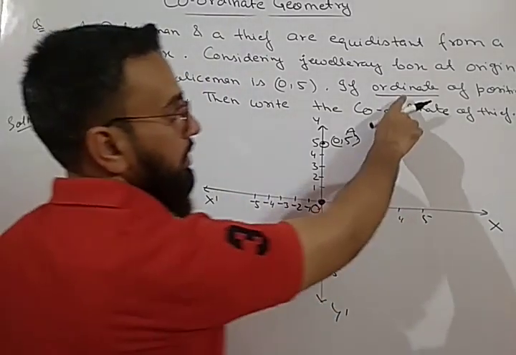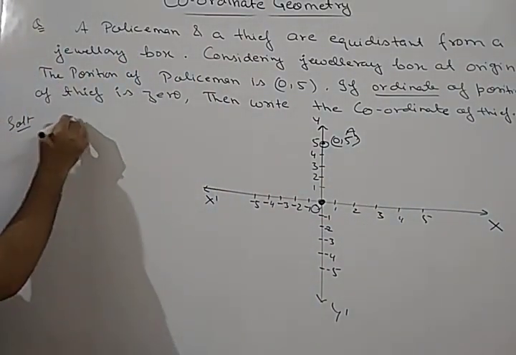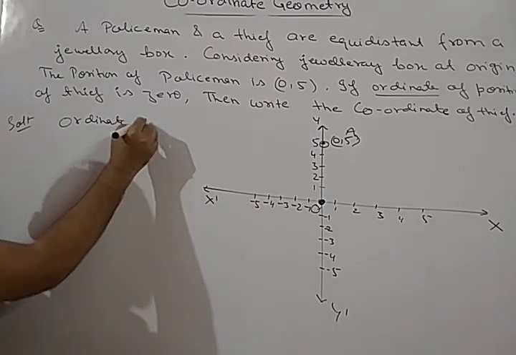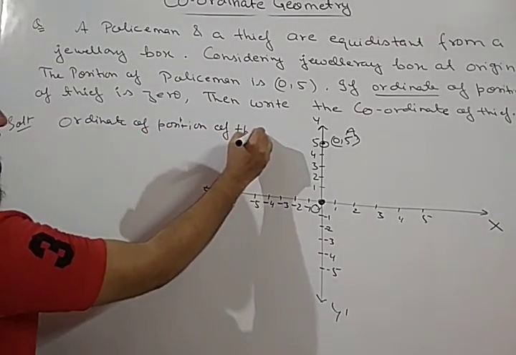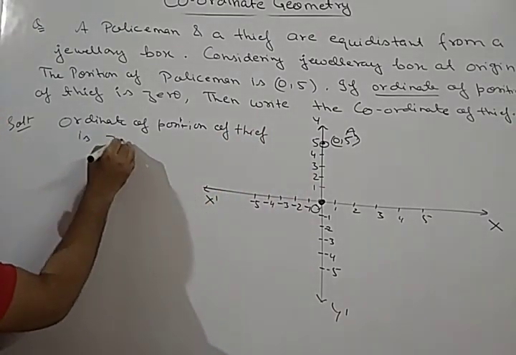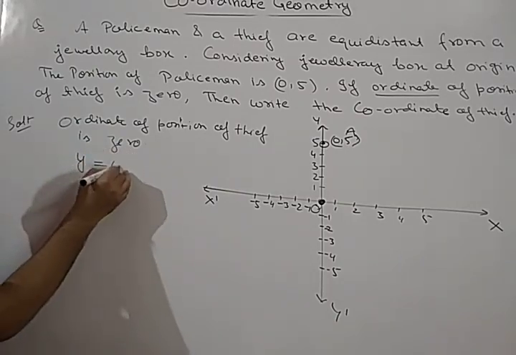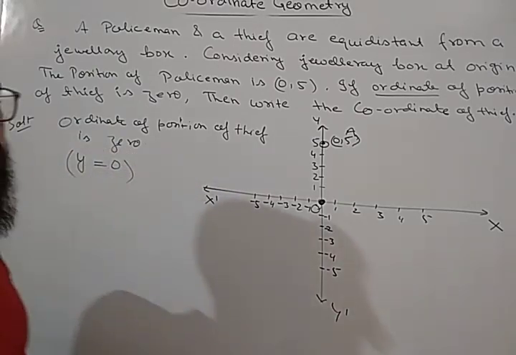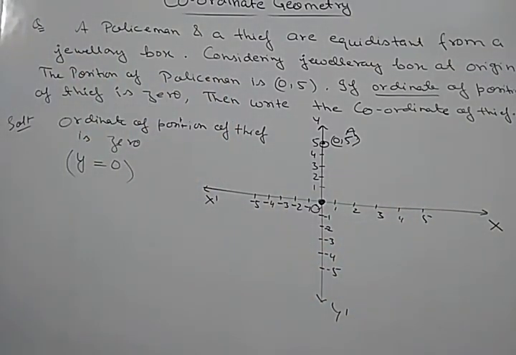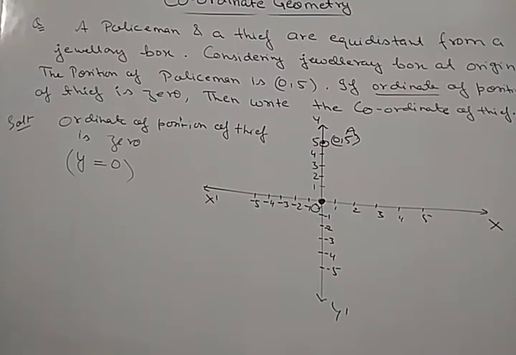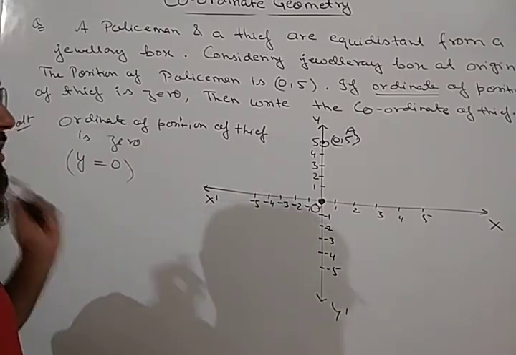So we are given that the y-coordinate of the position of the thief is 0, and the position of the policeman is (0, 5). It means the y-coordinate of the thief is 0.